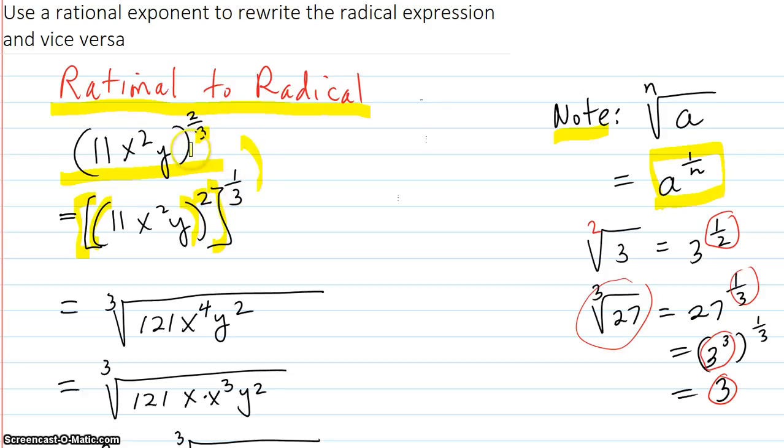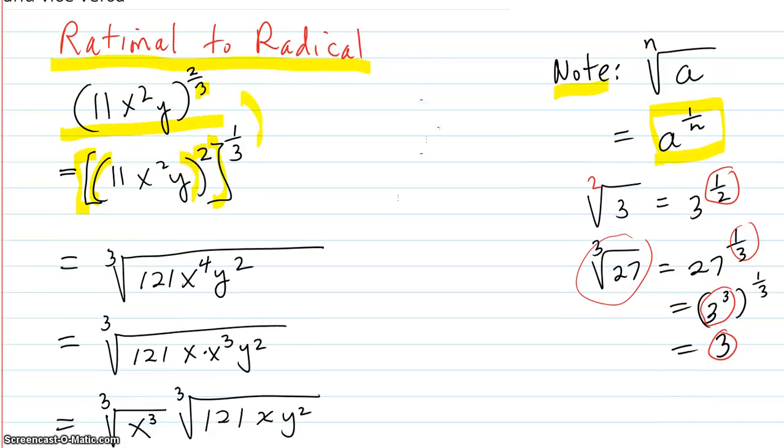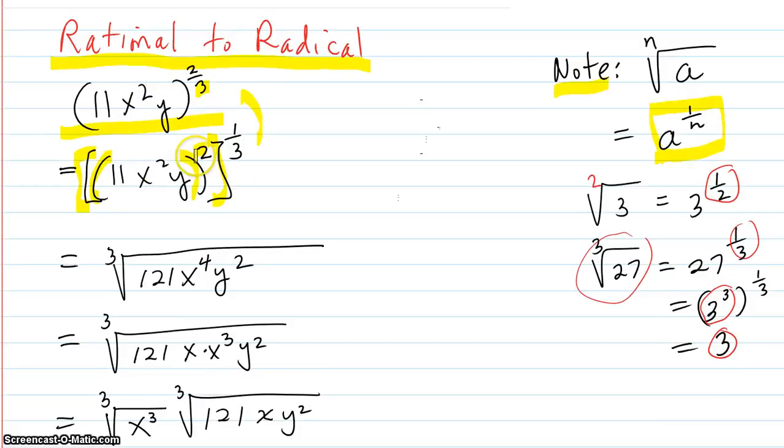So these two are equal. And then you just put the inside part right in here, inside of a cube root. See, cube root. But of course what I did is I simplified this in the same step. 11 squared is 121. X squared is x to the 4th. And y squared is y squared.